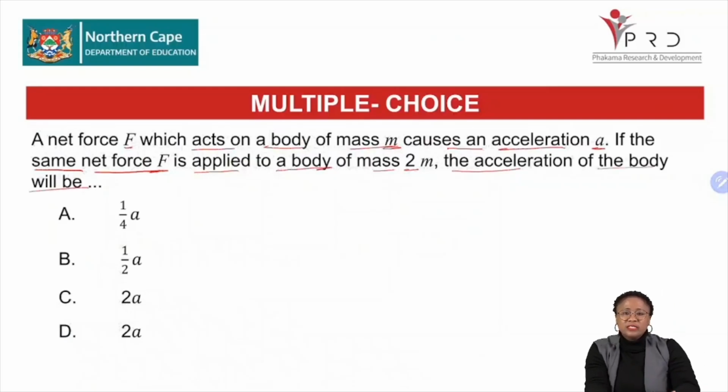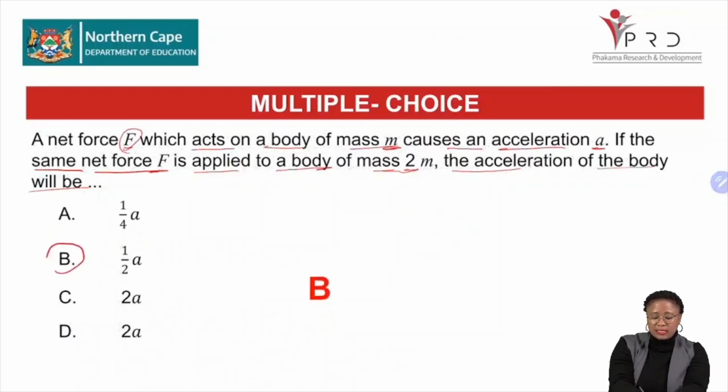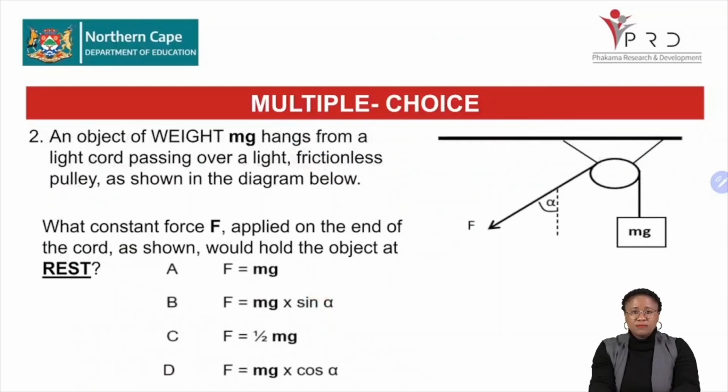Now, when you are given such multiple choice questions, the advice is to use the data sheet to answer the question. So go to the data sheet and just copy the formula F net is equal to ma, and then try to put in all the values that they've given you here to answer the question. If you have done it correctly, you will see that the answer is B. All right. B is the most correct answer. We quickly move on to the next multiple choice question.